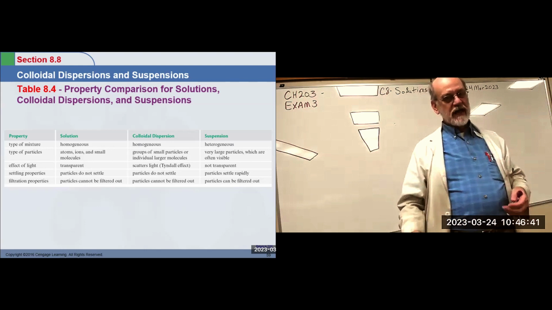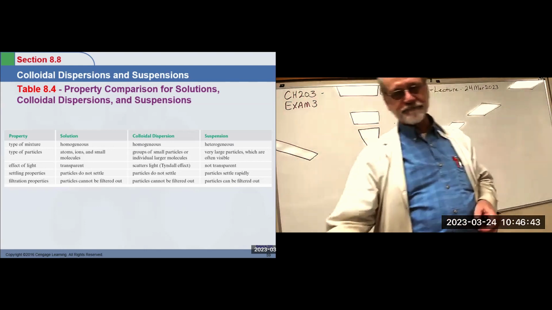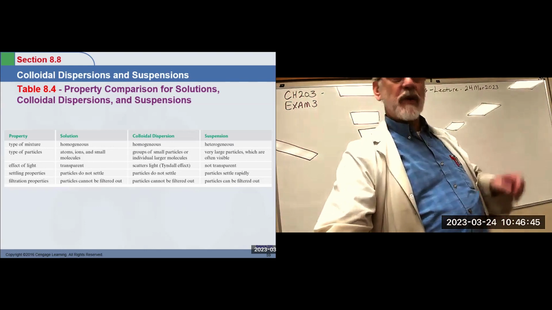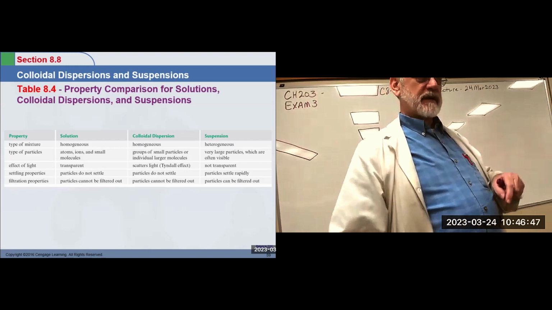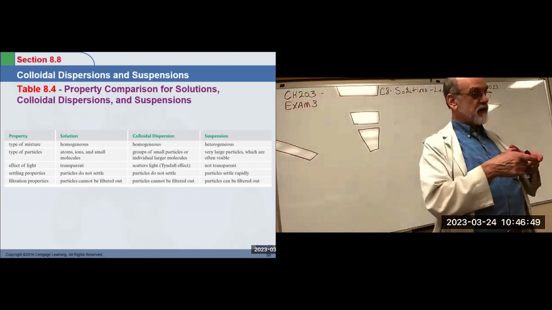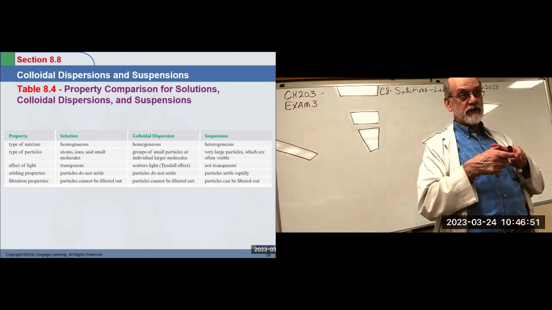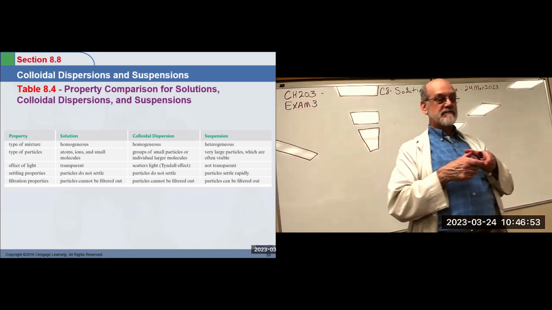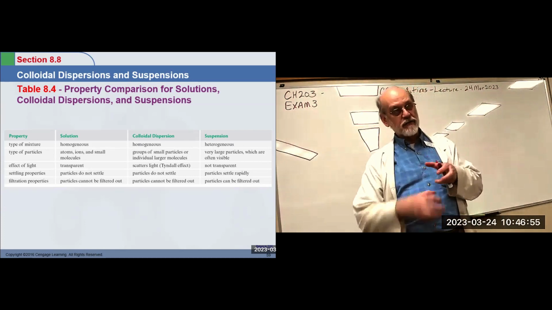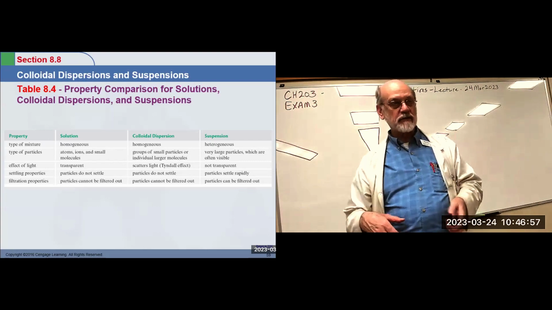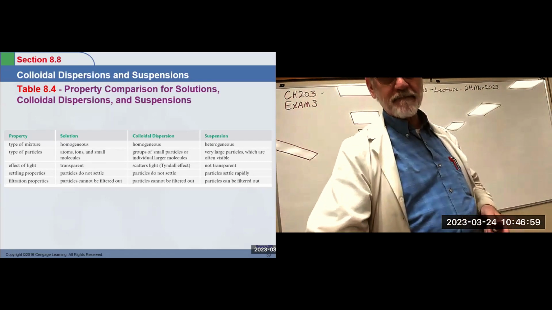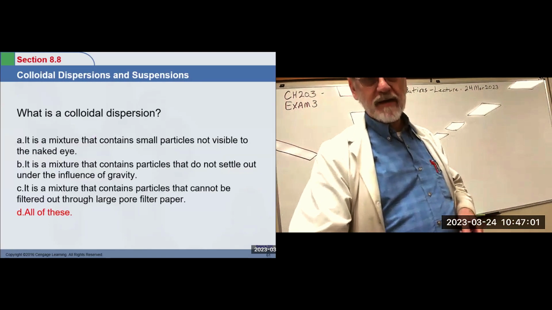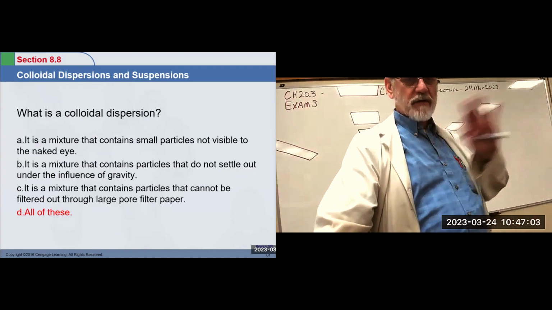And you can get them to settle quicker. But the particles can be filtered. Sometimes it takes a very, very fine pored filter and a vacuum to suck it through, but they can be filtered. Okay, that's a colloidal dispersion. All of those apply.